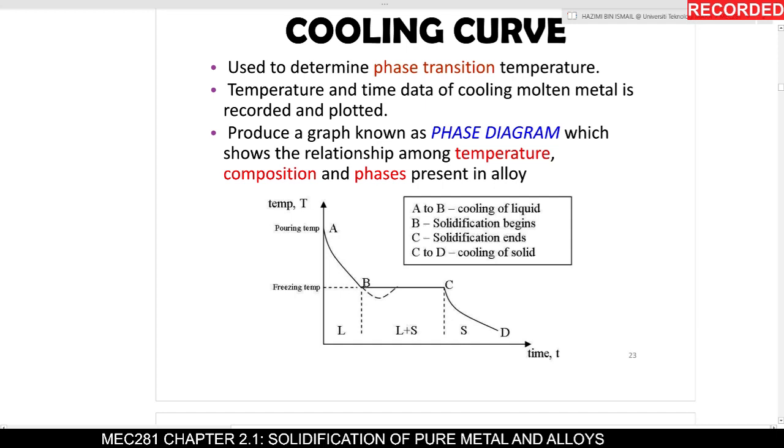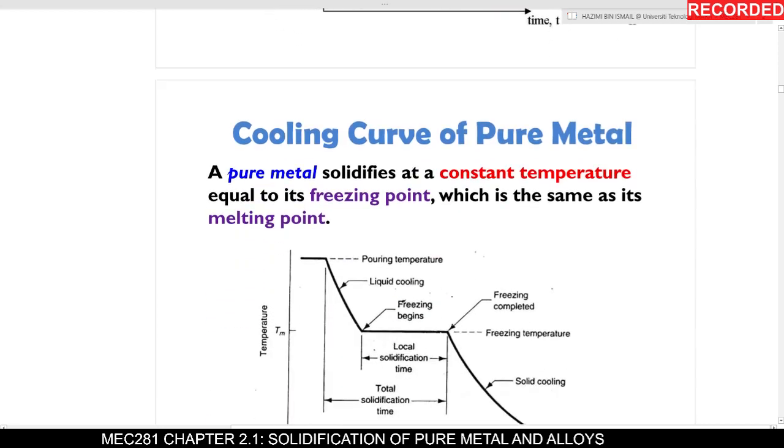At B, most is liquid, only 1% or 0% of the solid, and then you start freezing here. It starts freezing, so the solid increases and the liquid decreases. So when we reach C, solidification ends, so it is finished. So C to D is only in solid form.